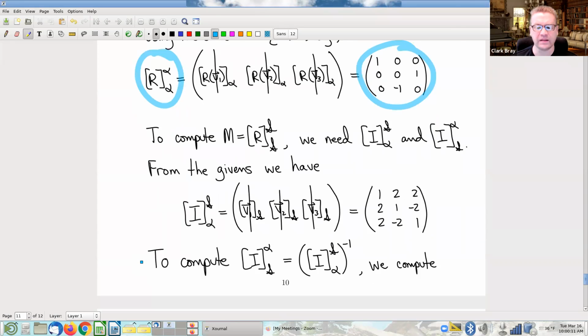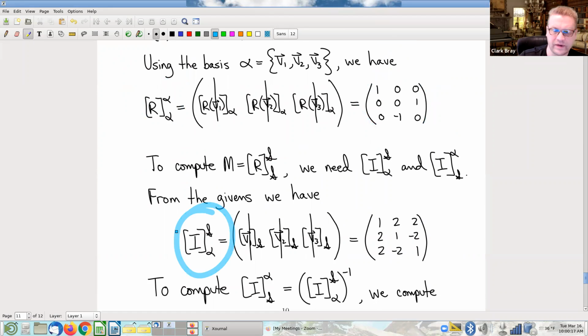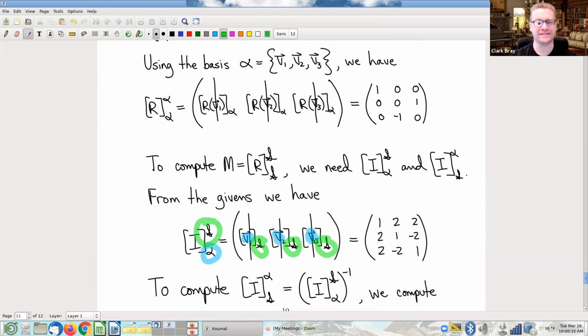First, let's find the change of basis matrix itself. Change of basis from alpha to S. I would need to find the coordinates of the alpha vectors with respect to the standard basis. Oh, conveniently, those were given, right?